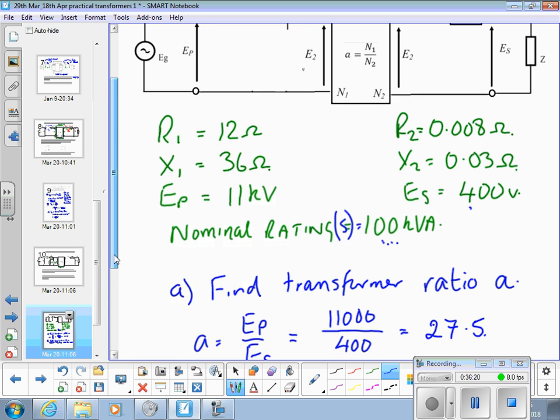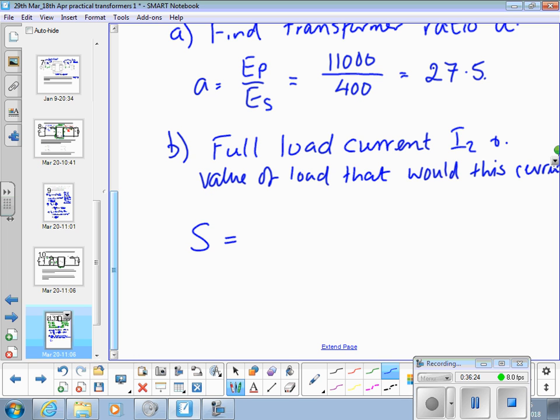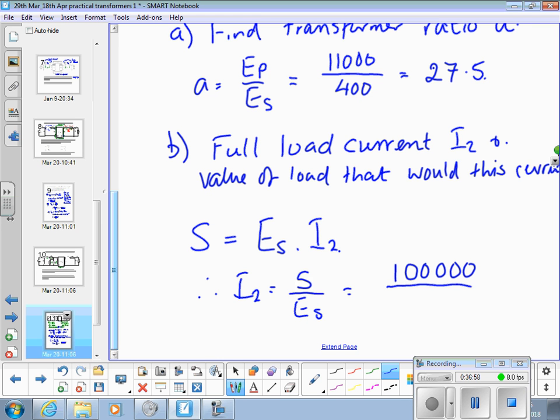So S is equal to E secondary times I2. Therefore, I2 is equal to S over ES, which is 100,000, 100 kVA, divided by 400, equals 250 amps. It's a big old transformer, this one.